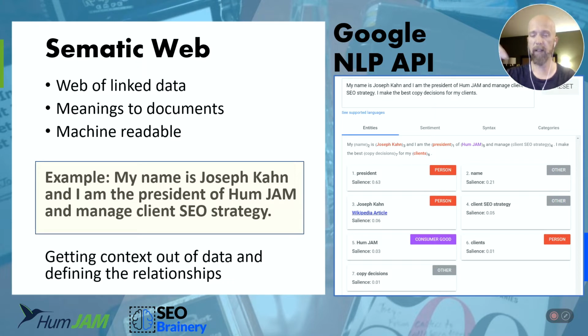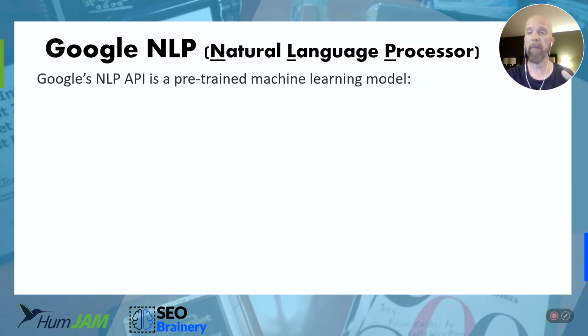You see Joseph Kahn has a Wikipedia article, because you can mention and connect. And HumJam is labeled consumer good, which is incorrect. Clients, it says person. Client SEO strategy, it says other. It's finding these different things, but it doesn't technically know what these entities are. It just recognizes them. So this is the Google natural language processor.